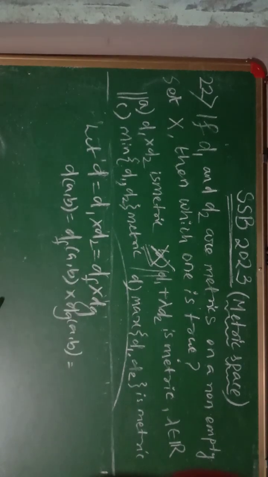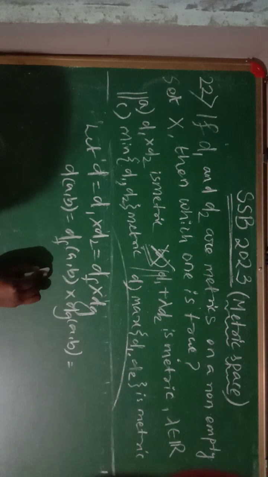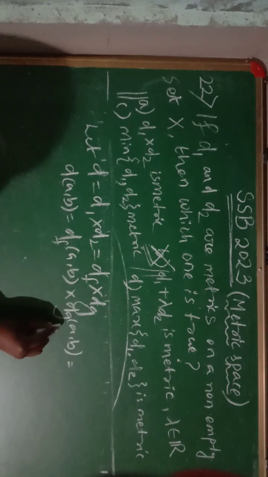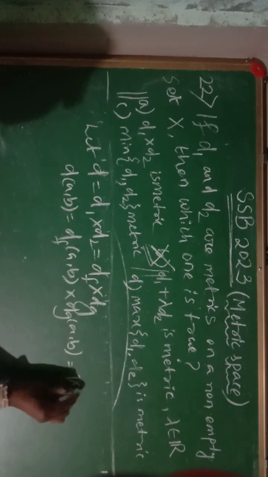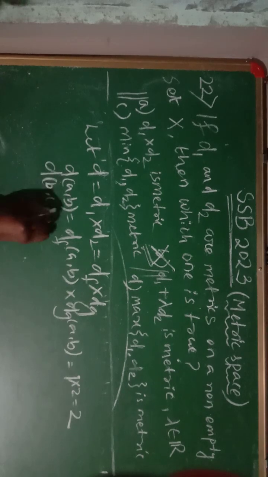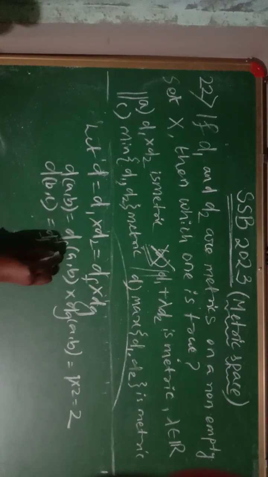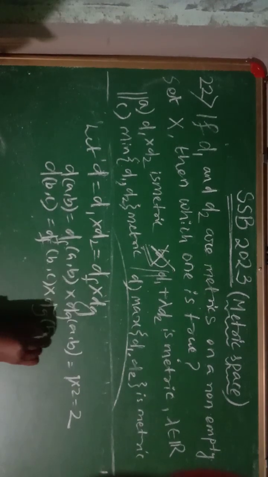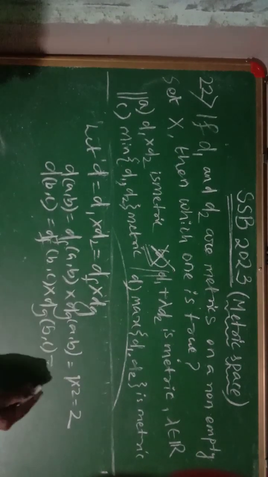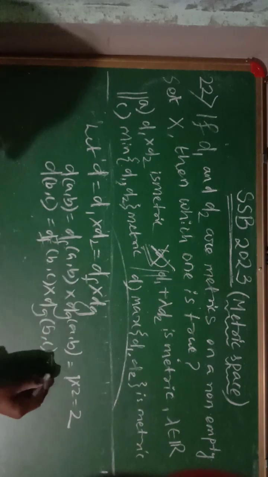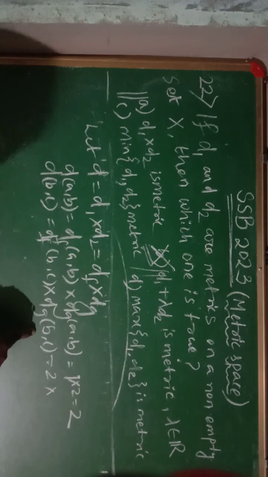B. DF of A comma B is how much? DF of A comma B equals 1 and DG of A comma B equals how much? This is equal to 1 cross 2, and the value is also 2. Similarly, D of B comma C equals DF of B comma C cross DG of B comma C. DF of B comma C is 2 and DG of B comma C is 1.